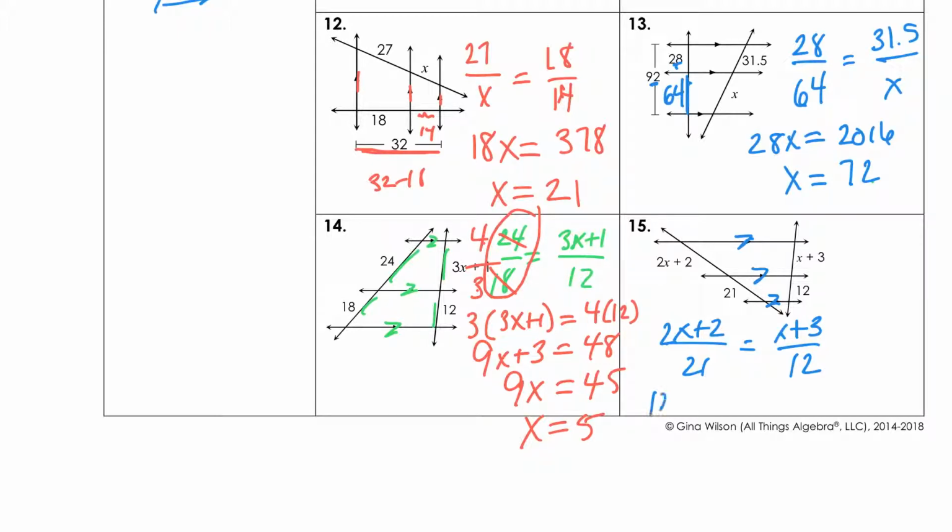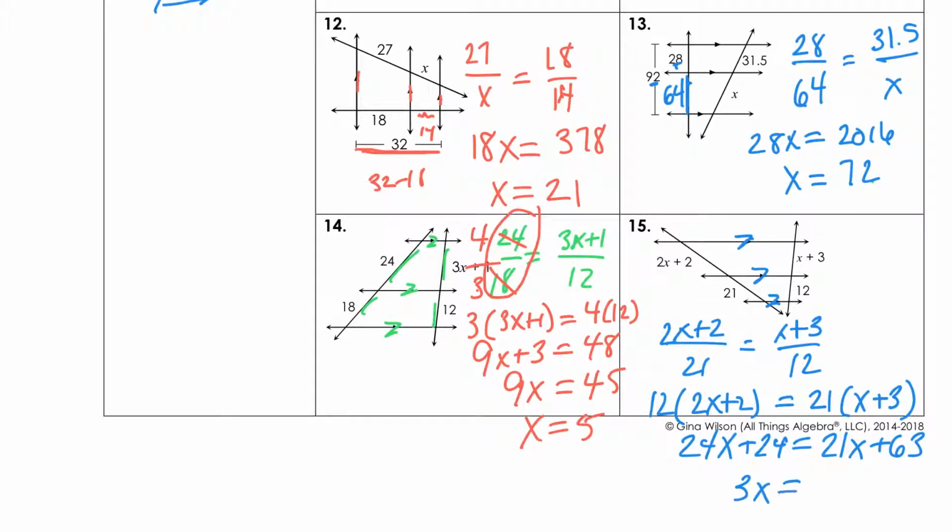So we're going to say 12 times 2x plus 2 is equal to 21 times x plus 3. Cleaning those up, we get 24x plus 24 is equal to 21x plus 63. Combining like terms, 3x equals 39, where x equals 13.